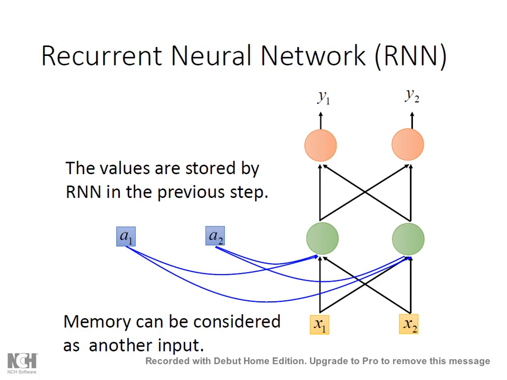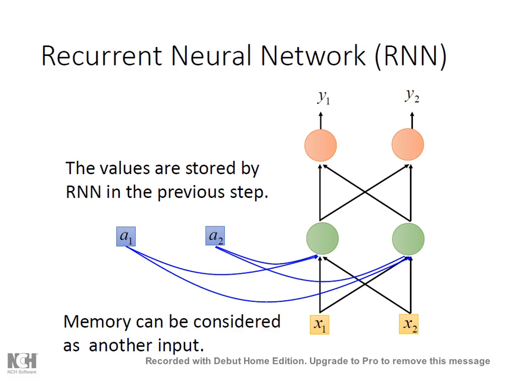Here is a very special network called the recurrent neural network. It's a network with a memory. We call it the RNN. The values are stored in the structure. The infrastructure looks like this. It's our original network. You will see layers, right?